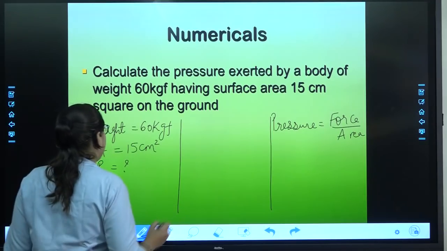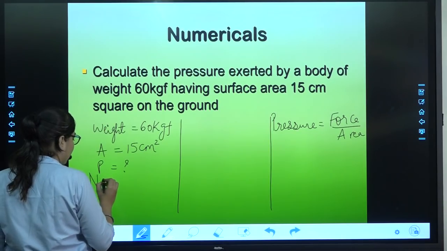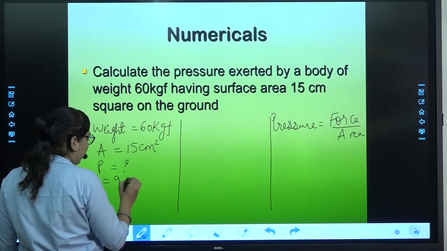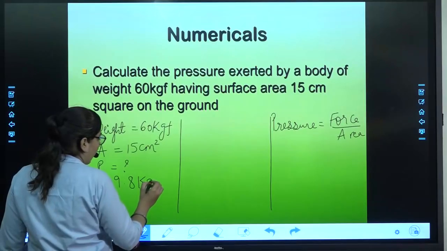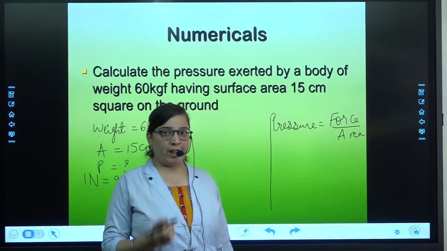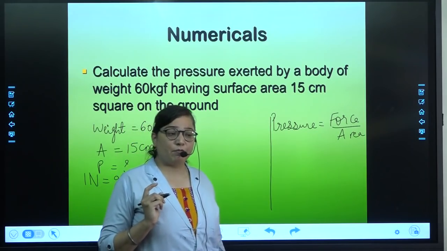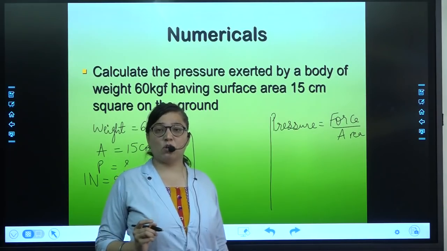But we know that 1 kilogram force is 9.8 Newton. This you have studied in class 8 when we started with physics chapter 11, that is force.